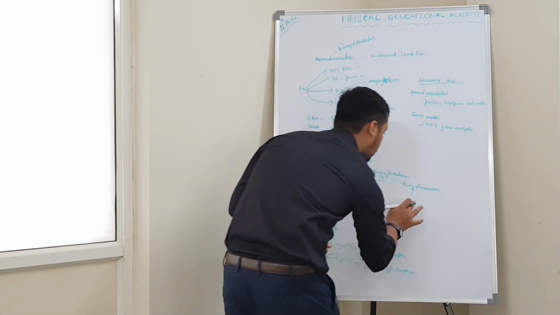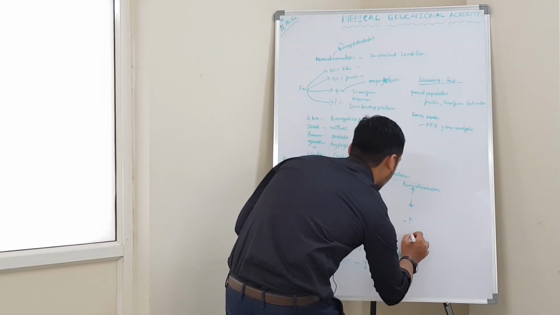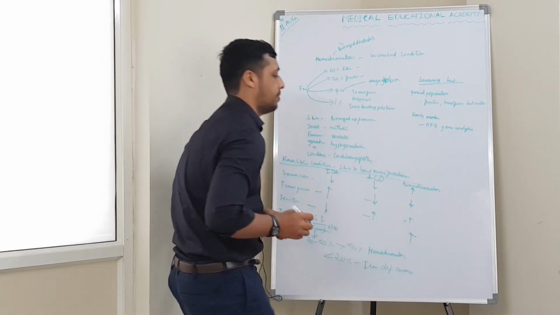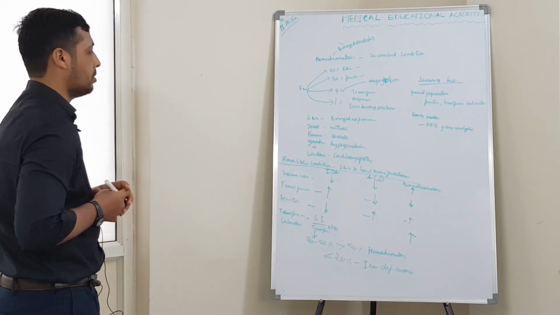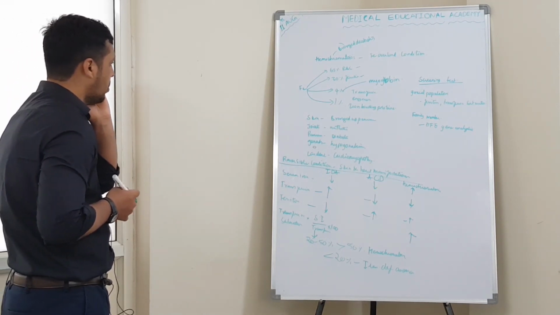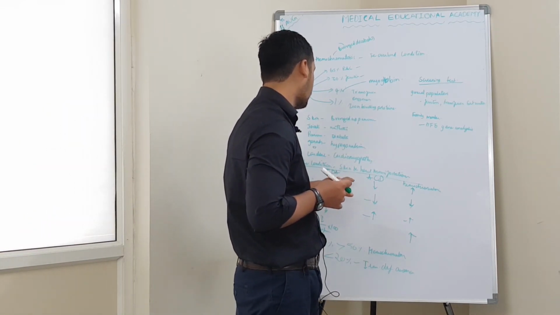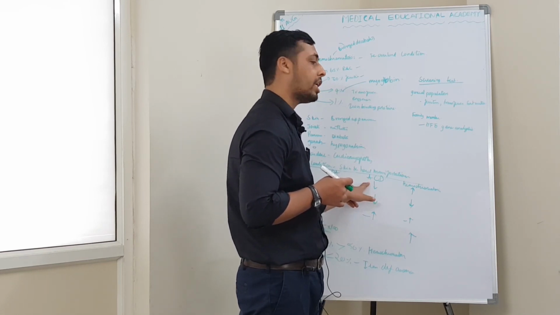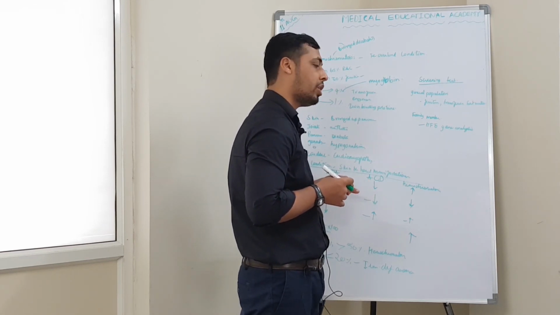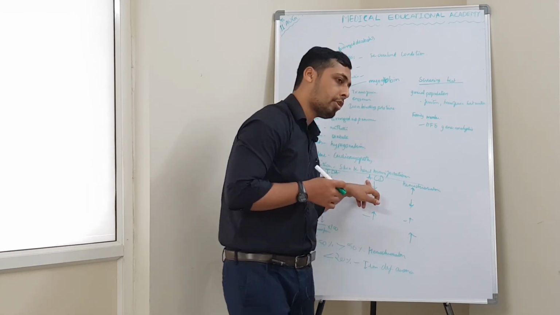Sorry, transferrin would be low, and transferrin saturation would be increased. One more discriminatory test for iron deficiency anemia and anemia of chronic disease is MCV. Iron deficiency anemia usually has low MCV, while MCV would be normal in anemia of chronic disease.